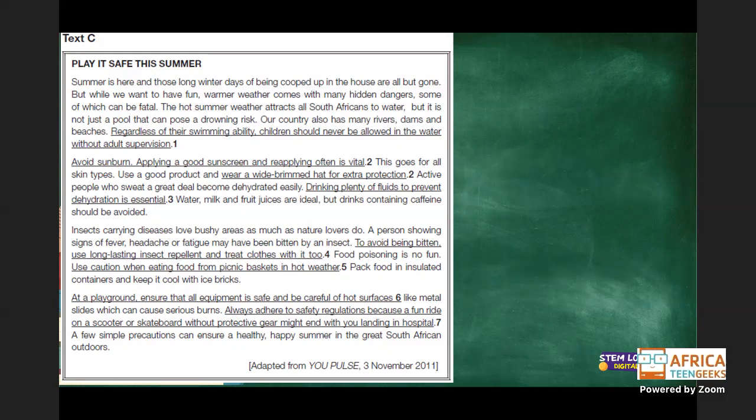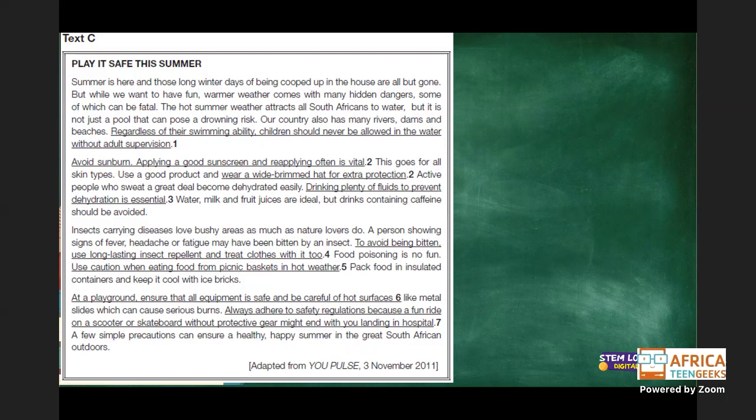So that would be point 4. Food poisoning is no fun. Use caution when eating food from picnic baskets in hot weather. So that's point 5. Pack food in insulated containers and keep it cool with ice bricks.